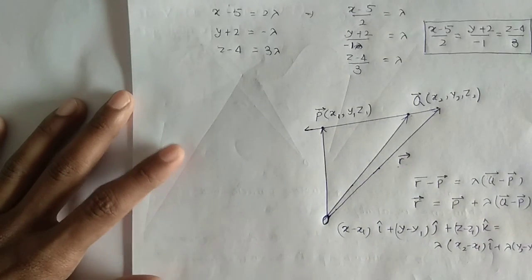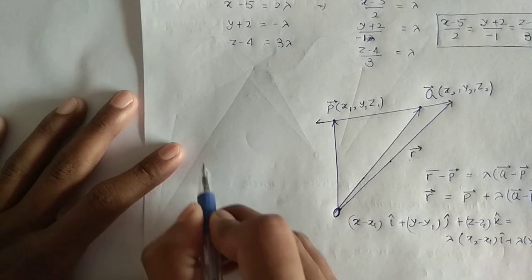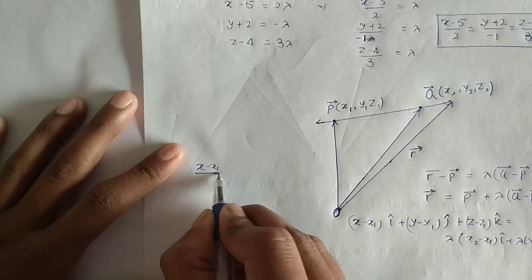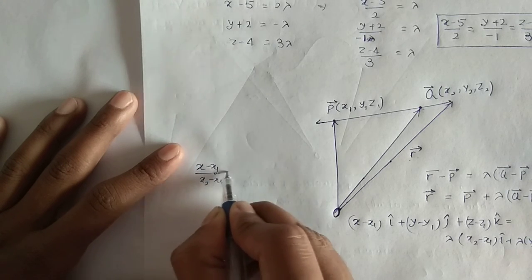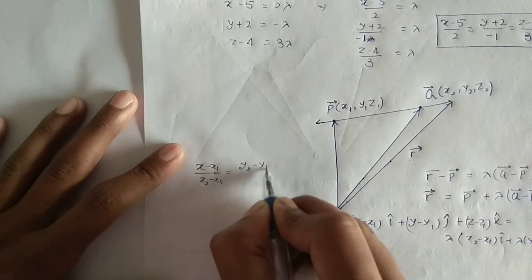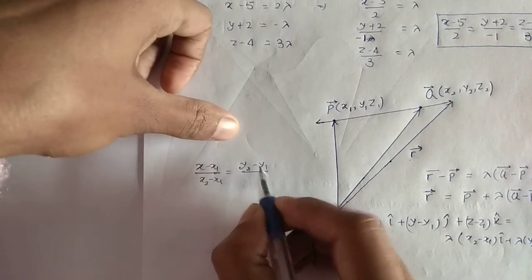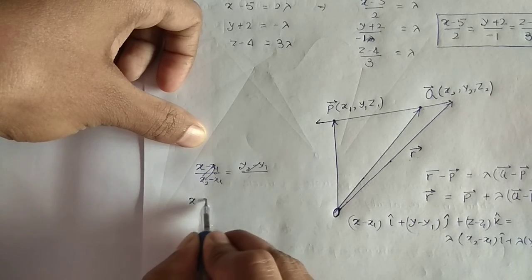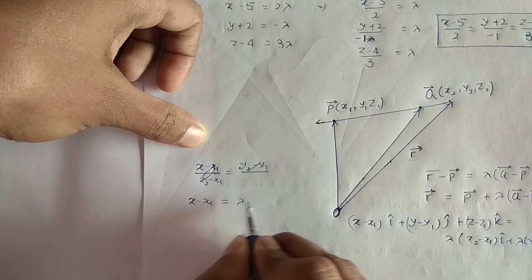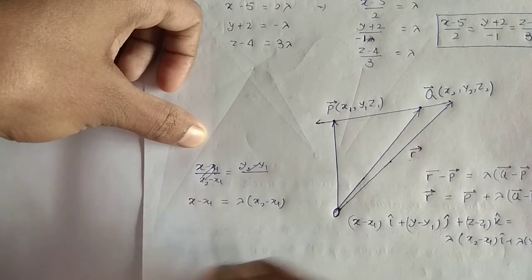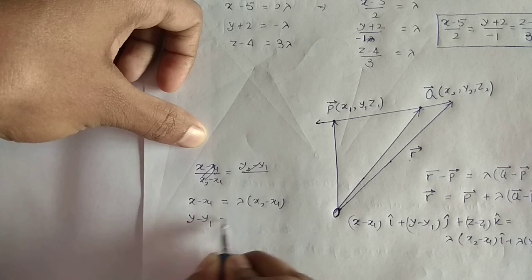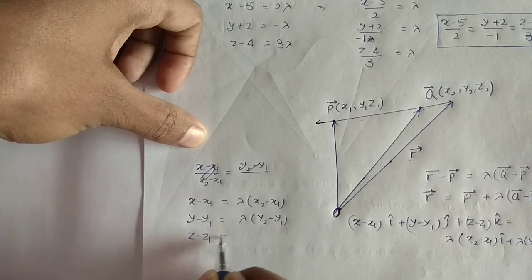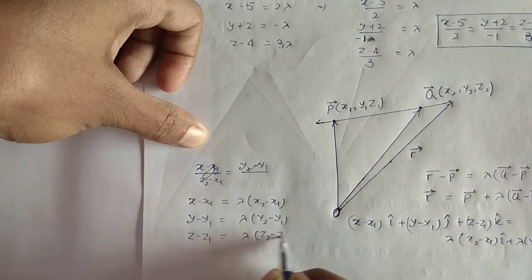Similarly, we equate: x minus x1 is equal to lambda times x2 minus x1, y minus y1 is lambda times of y2 minus y1, and z minus z1 is lambda times of z2 minus z1.